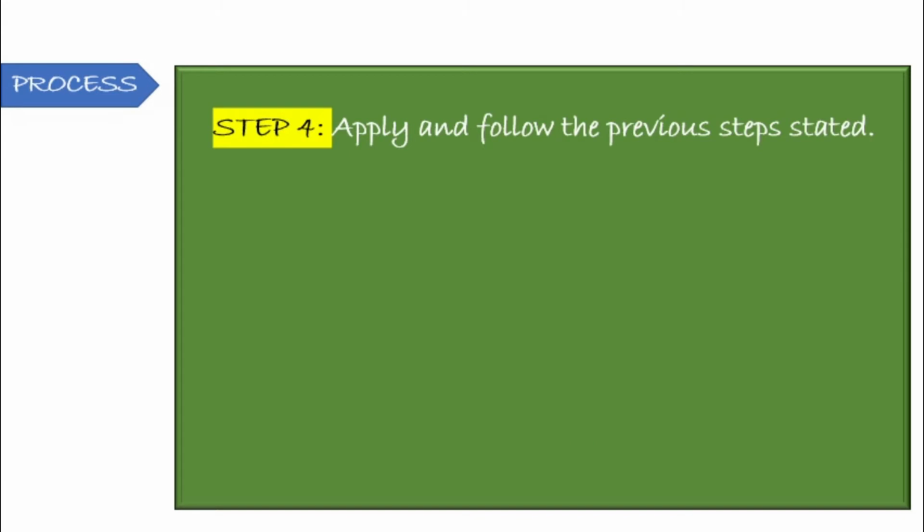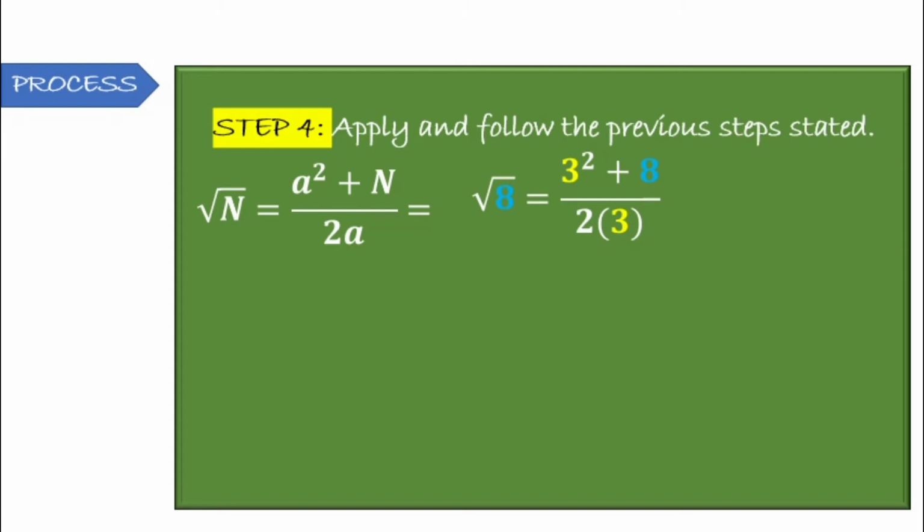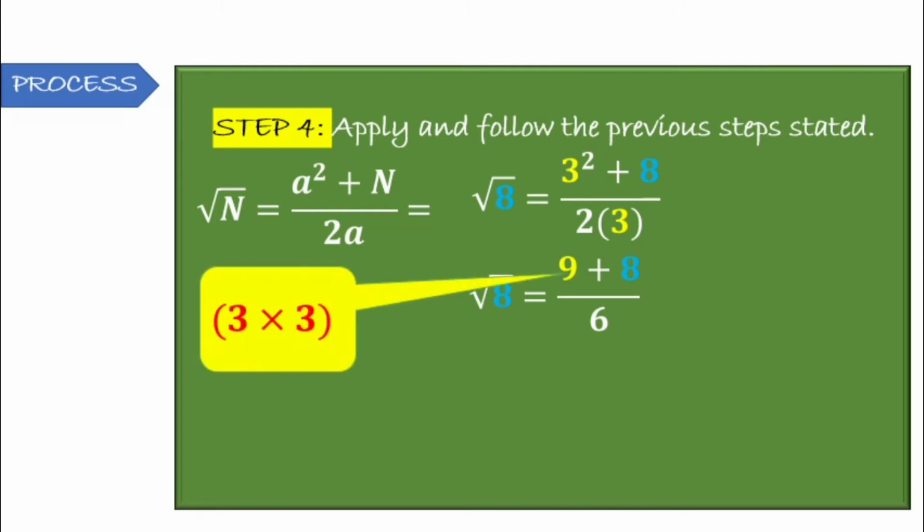Okay, next, step 4, apply and follow the previous steps stated. We have the formula, and we have already substituted the given values of n and a. Now simplify. The square root of 8 is equal to 3 squared, which is 9, plus 8 all over 2 times 3, which is 6.